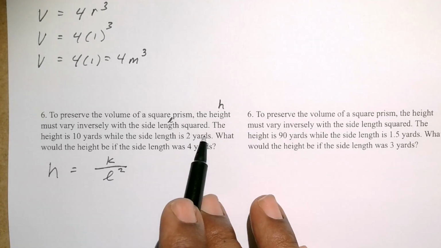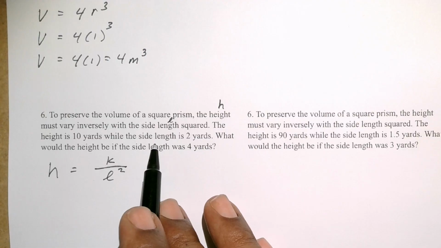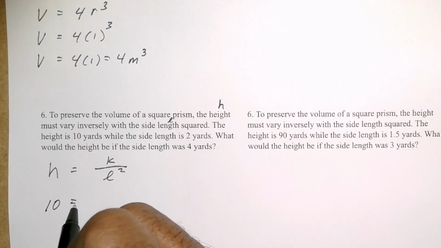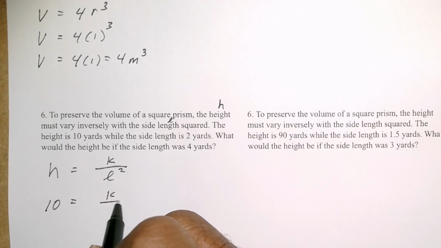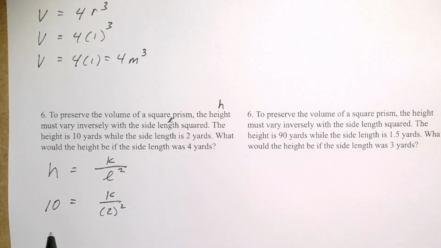Alright, we're told that the height is 10 yards and the length is 2 yards. So this will be 10 here and k over 2 to the second power. Now 2 to the second power will be 4. And we're going to multiply both sides by 4 in order to isolate the k.